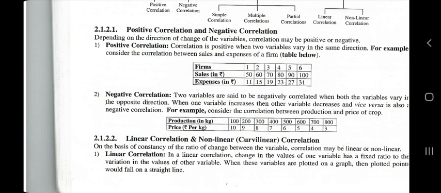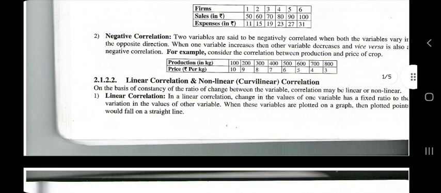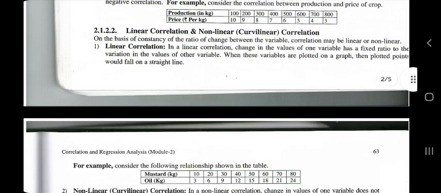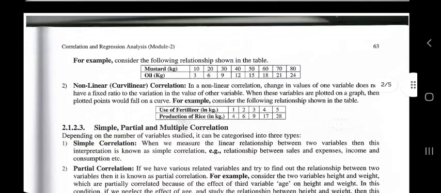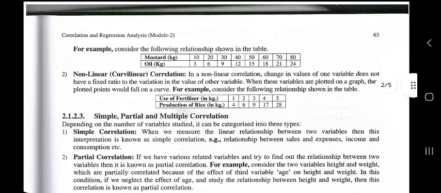Then linear correlation and non-linear correlation. Linear correlation means what? In linear correlation, the change in the value of one variable has a fixed ratio to the variation of values of the other variable. Let's understand by observing a table.